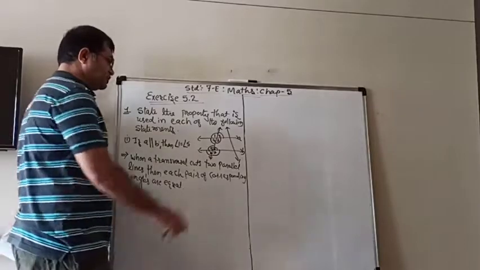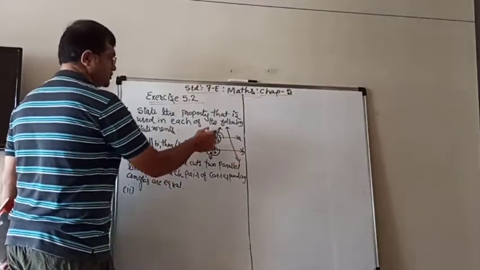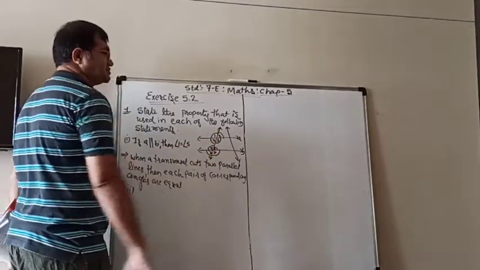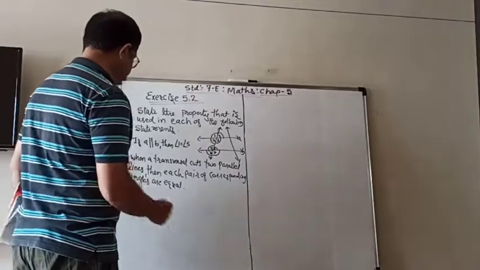So you have to remember that when the lines are parallel, given that A and B are parallel, angle 1 and angle 5 make a pair of corresponding angles and they are equal.